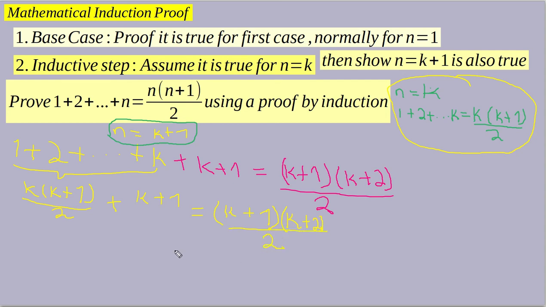Now I want to remove the 2 from the denominator so that we have no denominator.